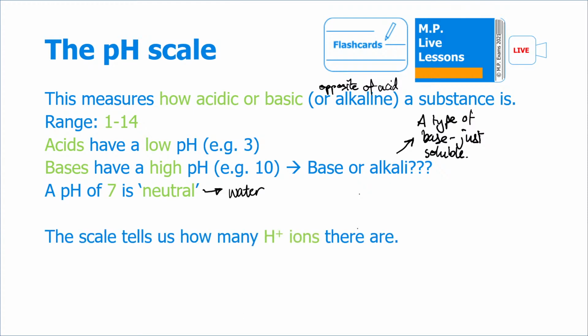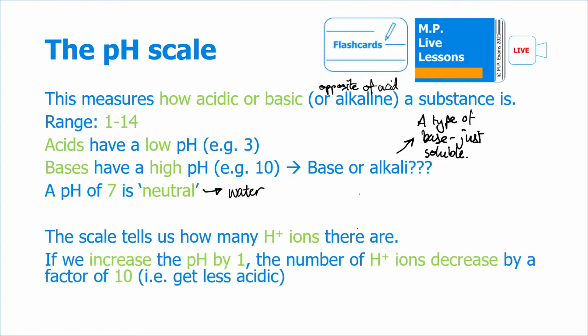Now, the scale also tells us how many H plus ions there are. Now, if we increase the pH by 1, like from 1 to 2, the number of H plus ions decreases by a factor of 10. So it divides by 10. So it gets less acidic as the pH increases.